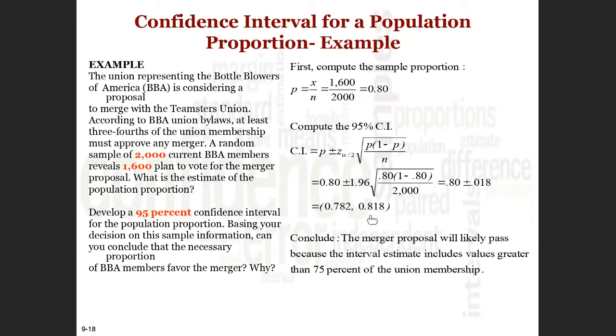This includes 75% when you're looking at the confidence interval, and therefore the merger will likely pass. Okay. Does anybody not see how the confidence intervals were created and what the conclusion was from doing this?